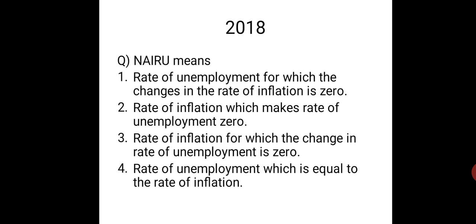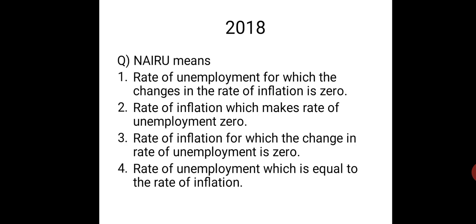So first of all, what is NAIRU? Natural rate of unemployment. From the expansion itself you can understand that it's some kind of rate of unemployment. So it is a rate of unemployment. That means option 1 and option 4 are the only ones valid here. The other ones, 2 and 3, are talking about some kind of rate of inflation, which cannot be the answer because NAIRU is the natural rate of unemployment. So the option is 1 and 4.